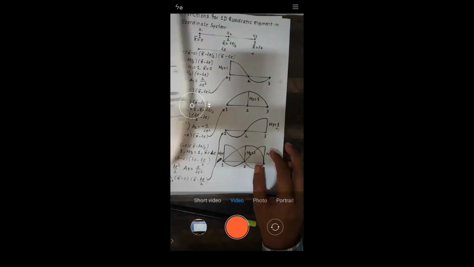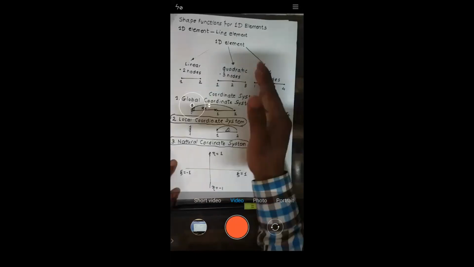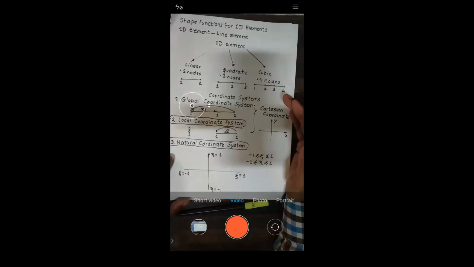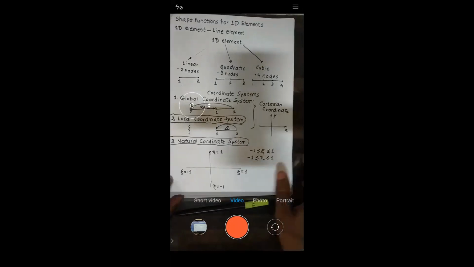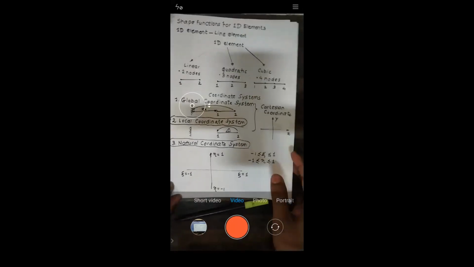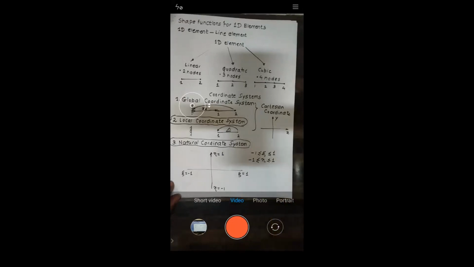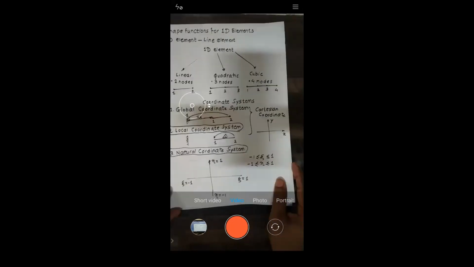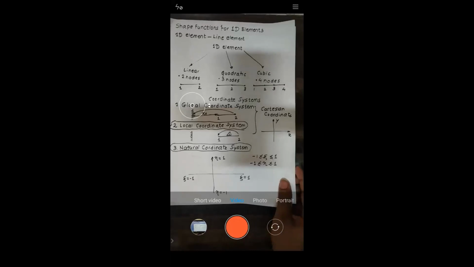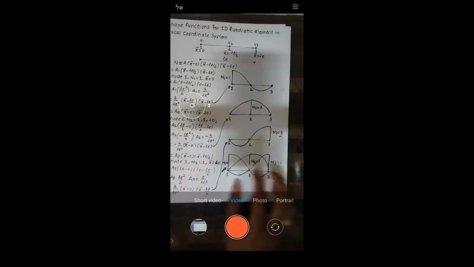Similarly, you can move ahead just by increasing the number of nodes. If you keep on increasing the number of nodes, the cost increases, but your accuracy also increases. Is it okay with this one? Yes, sir.